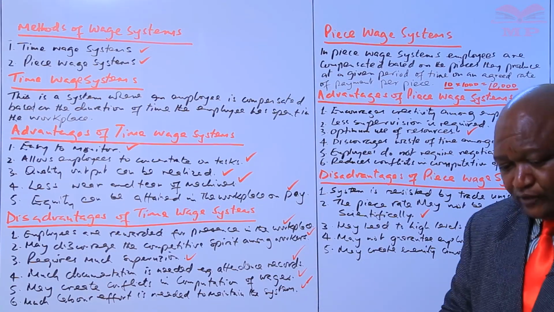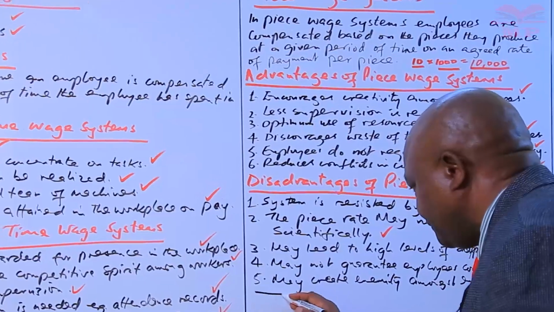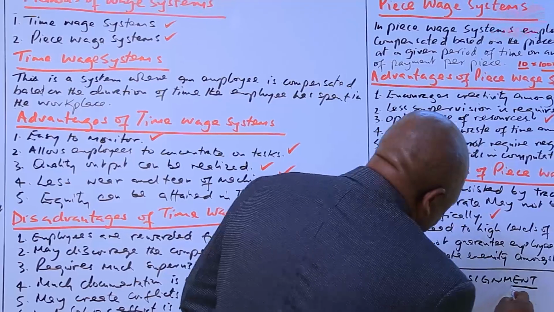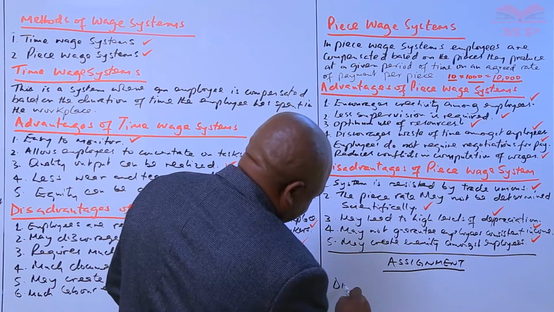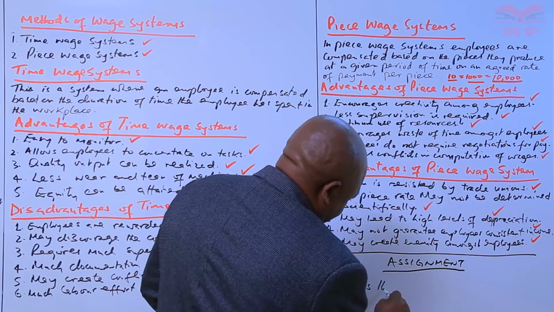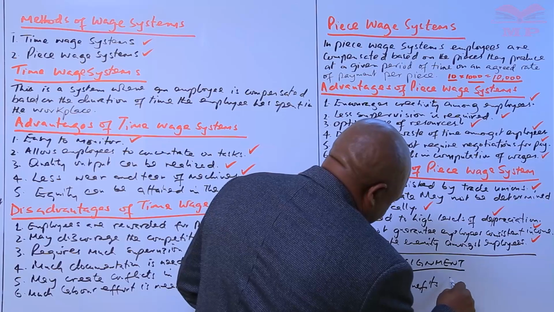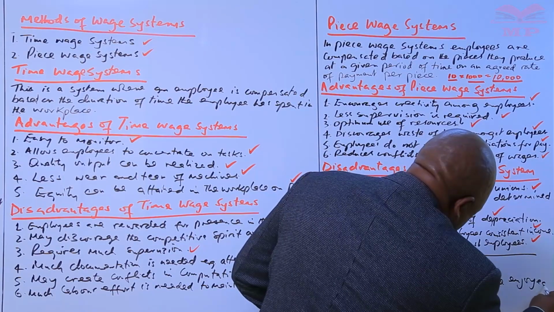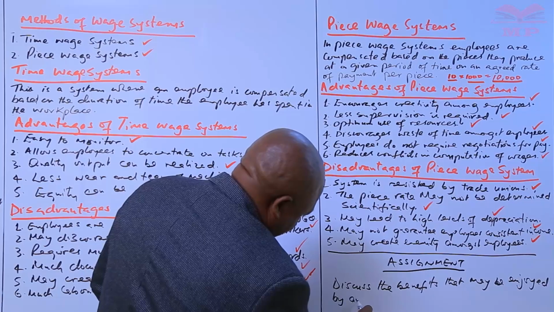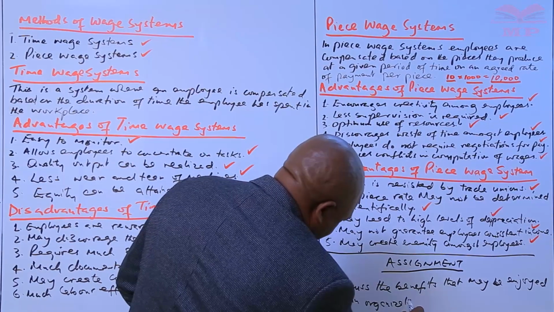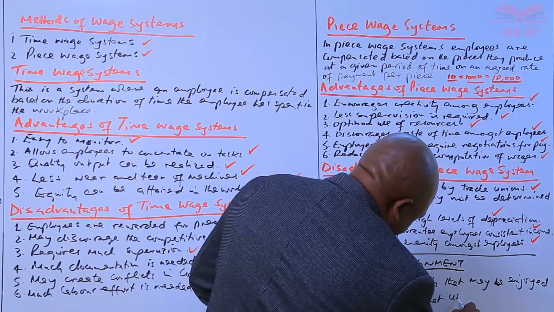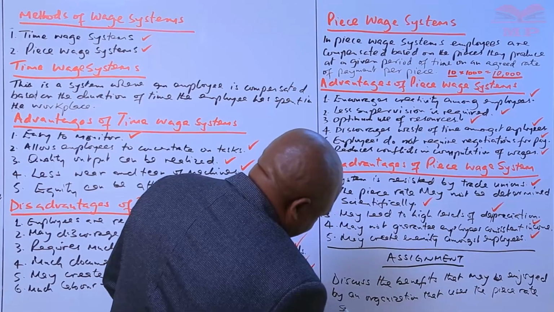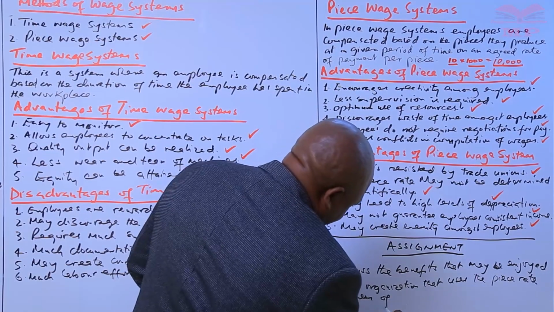And before we finalize our lesson, you have an assignment that you need to work on. Assignment for today's lesson: discuss the benefits that may be enjoyed by an organization that uses the piece rate system of payment.